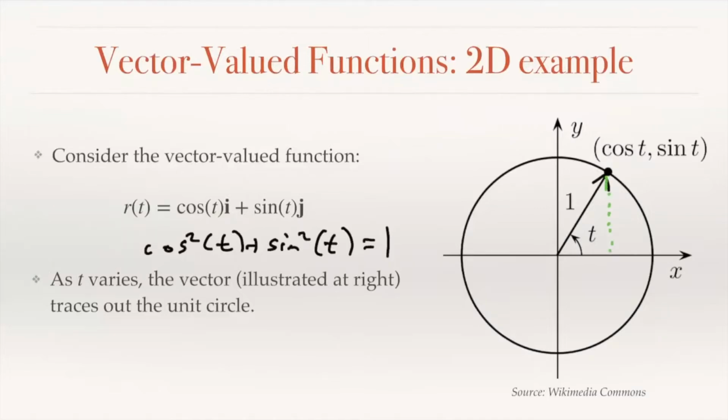Well, they have an i and j coordinate, and the i coordinate, this adjacent side, is going to be cosine of t, if we think of the parameter t as the angle, and the opposite side is going to be sine of t, which is the j coordinate. So it always lies on the unit circle, and as t varies, again thinking of t as the angle, we move around this unit circle, and it parameterizes the unit circle.